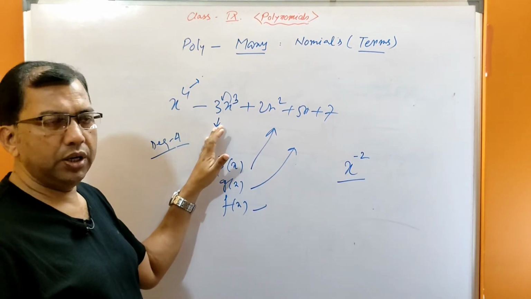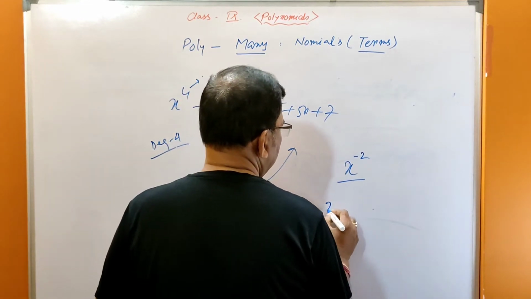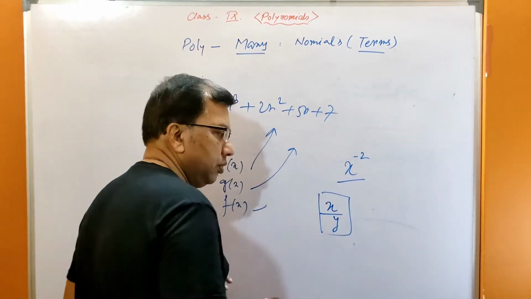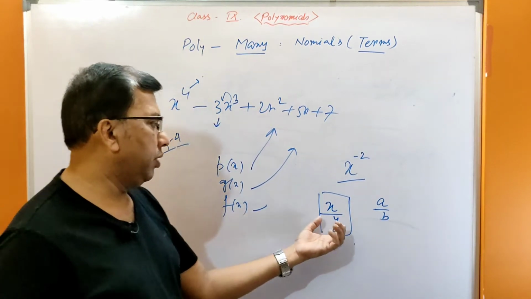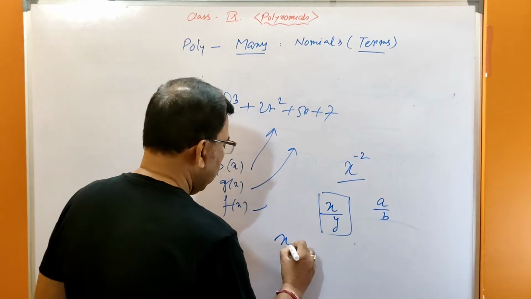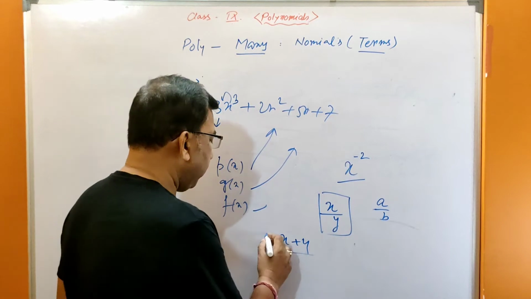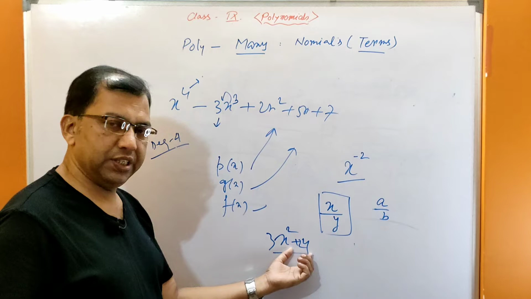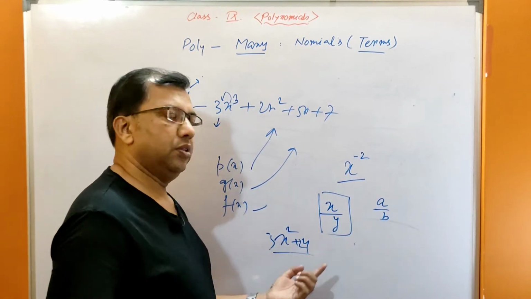Remember it. Is x by y a polynomial, or a by b? No, it cannot be expressed in separate terms. But x plus y is a polynomial of 2 terms. It can be 3x plus 2y, 3x square plus 5y, 2 variables, with separate terms. Clear? Okay.